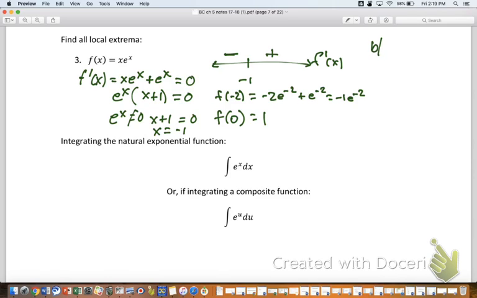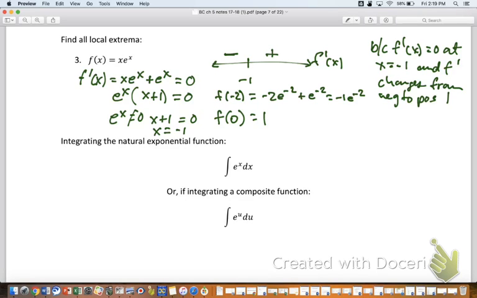Because f prime of x equals 0 at x equals negative 1, and f prime of x changes from negative to positive, there is a relative min at x equals negative 1. I think I got it all up there. What do you guys think? Yes. Look at that justification. We're solid. 2 thumbs up.